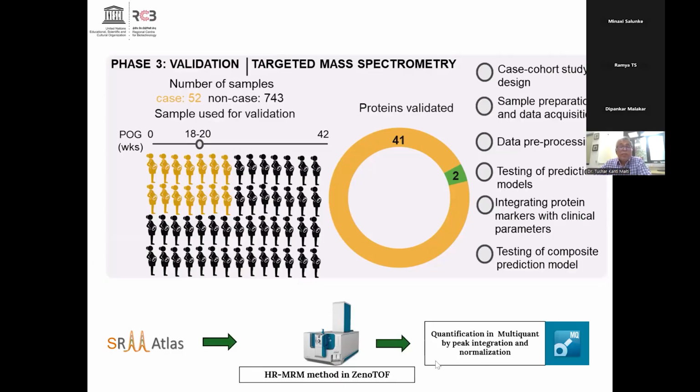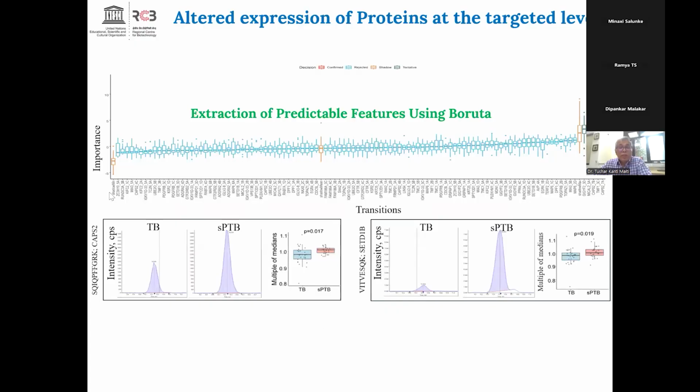Next, the features we have taken again: the red color on the right hand side represents the classifier described by the Boruta algorithm, and these particular features could properly segregate the preterm versus term birth transitions.